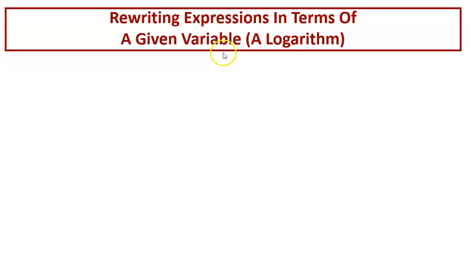So that is what is meant by this part. We have to rewrite expressions in terms of a given logarithm. But instead of writing that logarithm repeatedly, we can write the variable which refers to this logarithm. I have taken the example of log of 5 to the base 6, so the argument and the base both are numbers.